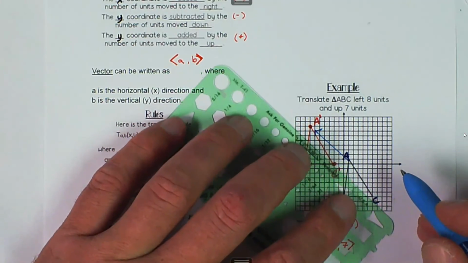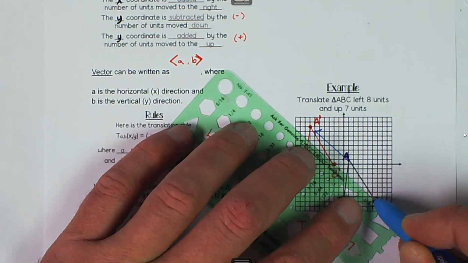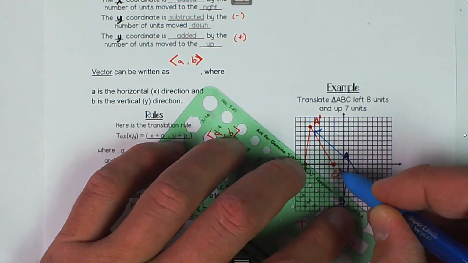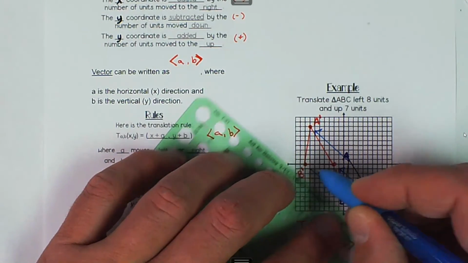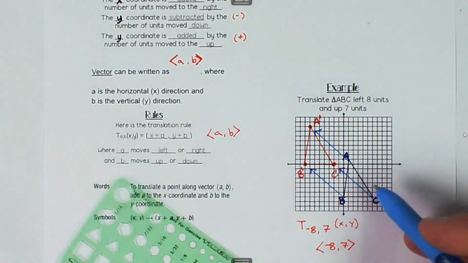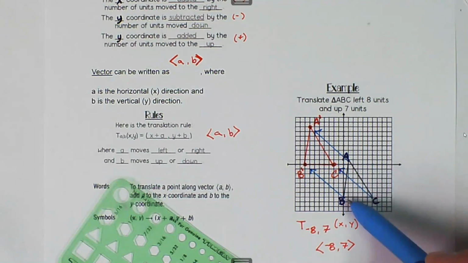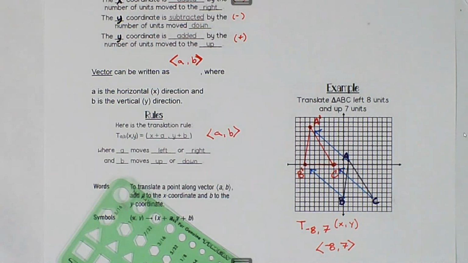But all of these movements are going to be parallel. So all these vectors are parallel to each other to move the pre-image of triangle ABC to the image of A prime, B prime, C prime.